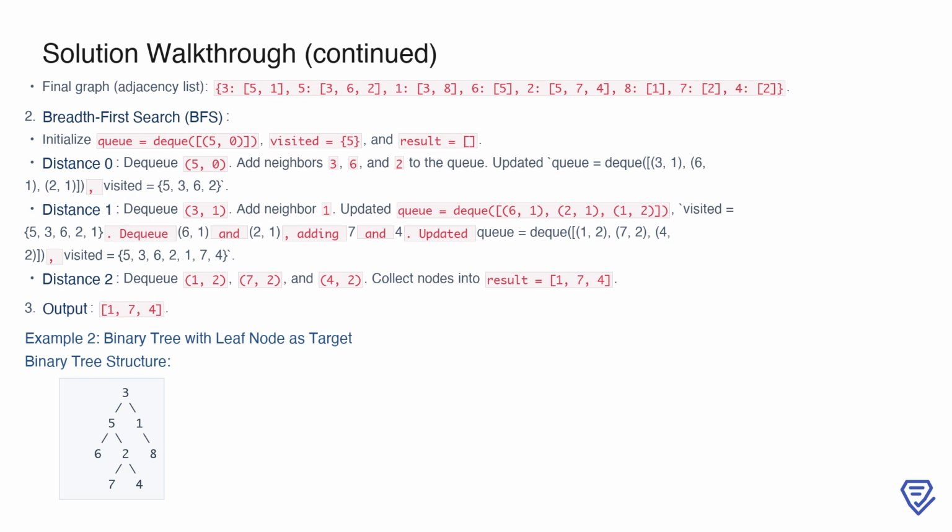For nodes 6 and 2, we add neighbors 7 and 4. The queue now contains (1, 2), (7, 2), (4, 2), and the visited set updates to 5, 3, 6, 2, 1, 7, 4. Finally, at distance 2, we process nodes 1, 7, and 4, collecting them into the result list. The output for this example is 1, 7, 4.